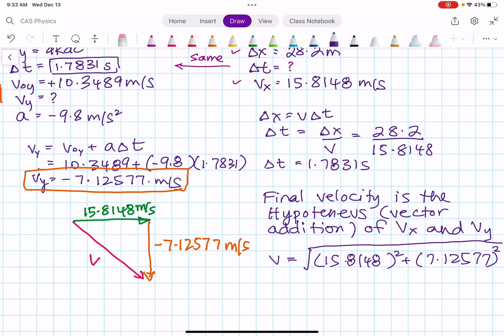I've got to put this all in my calculator. 15.8148 squared plus 7.12577 squared, and then take the square root of all that. We get 17.3. V equals 17.3 meters per second.